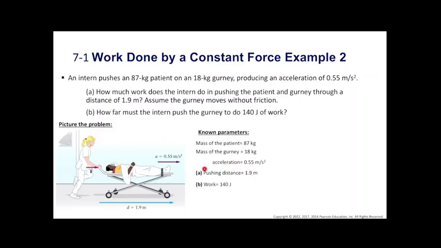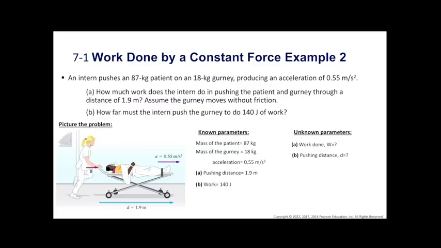Therefore we have to find the force first in order to find the work done. And in the second part we are asked to find the distance by giving the work. So it is simply W equals Fd and we need to find d, which is W over F. So those are the unknown parameters. In part A we need to find work, and in part B we need to find the pushing distance, which is d.